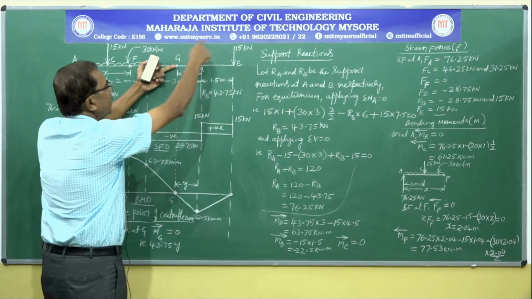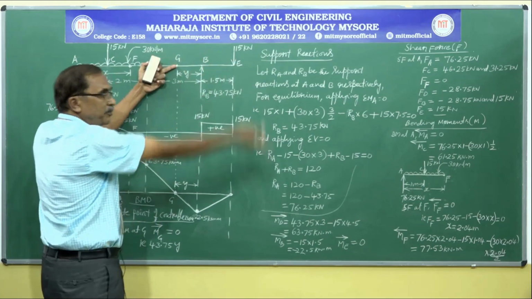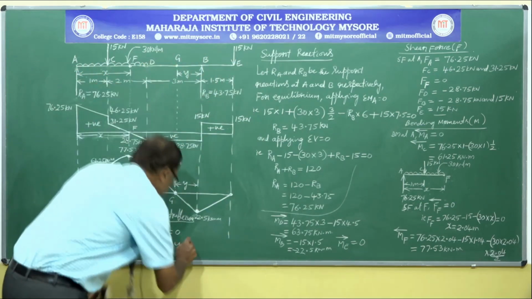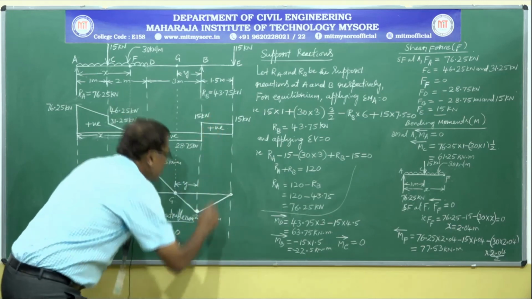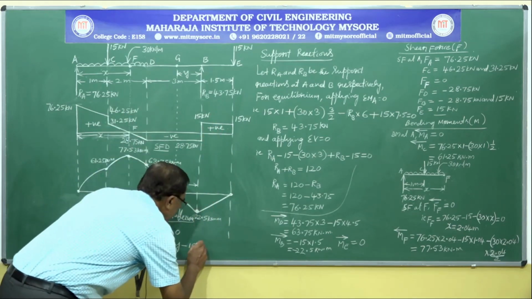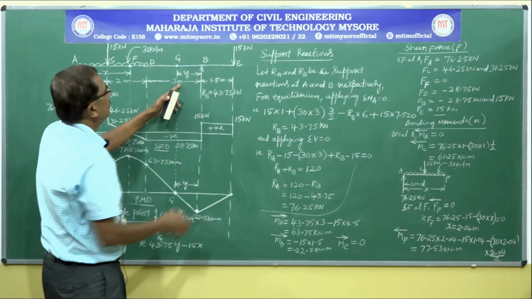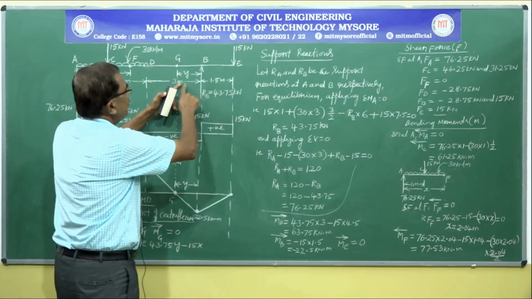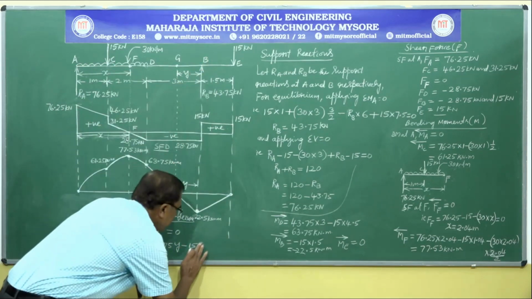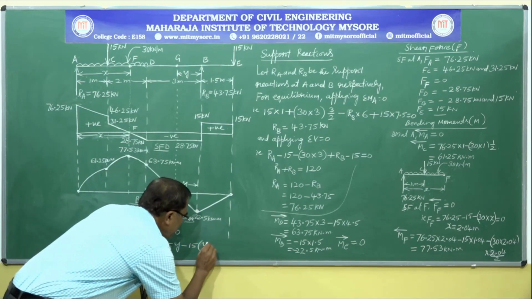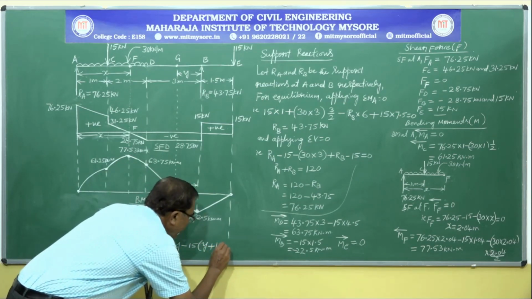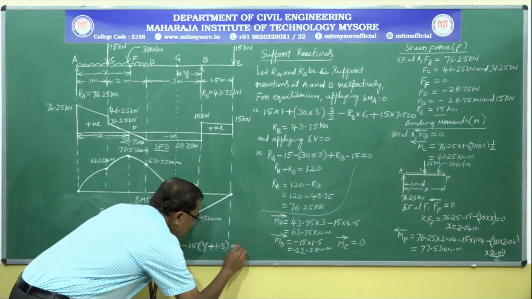Next, consider this point load. This point load will create a clockwise moment. To the right of the point, clockwise is negative, so minus 15 into the distance, which is y plus 1.5, equal to 0.